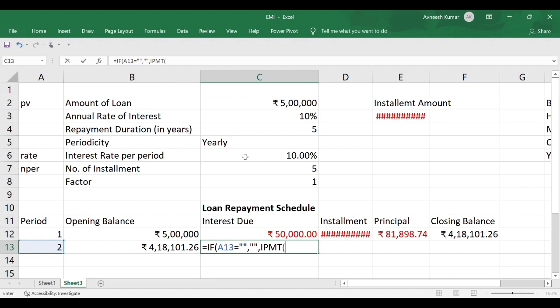IPMT is rate, now this is rate and period, then nper, then PV, then FV is 0 and type is 0, and then close the bracket.